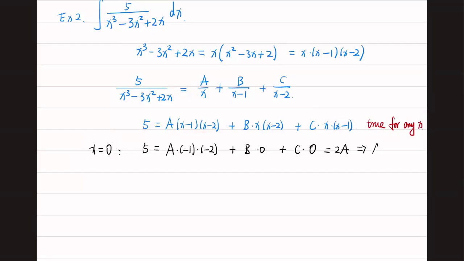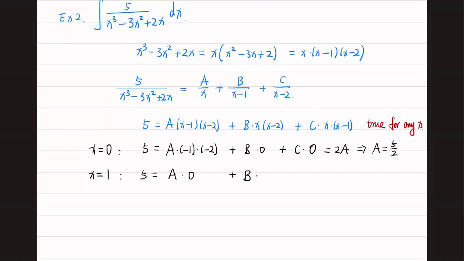Okay. Elisa, what other values would you pick to kill some extra terms? X equals 1. Because the left is the same, but the right side, because x minus 1, this is 0.